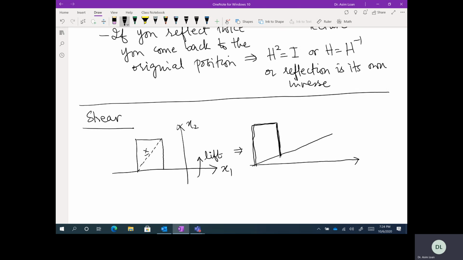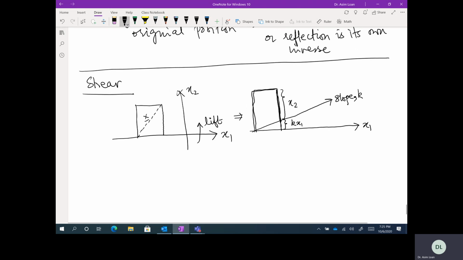Okay, so this portion has slope k. If this slope is k, this is actually k times x1. This is x1, right? This is k times x1, this is x2, and we say T of x.